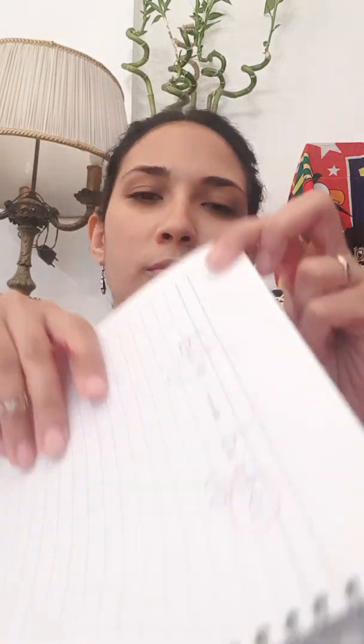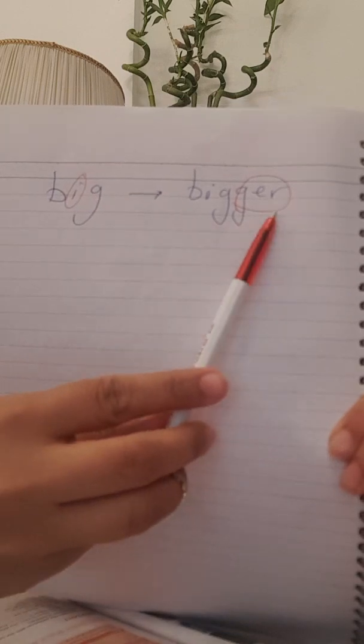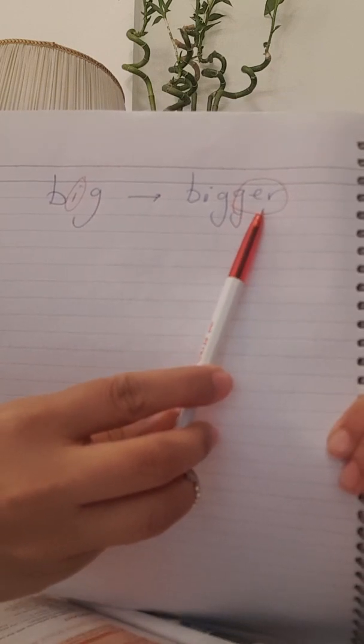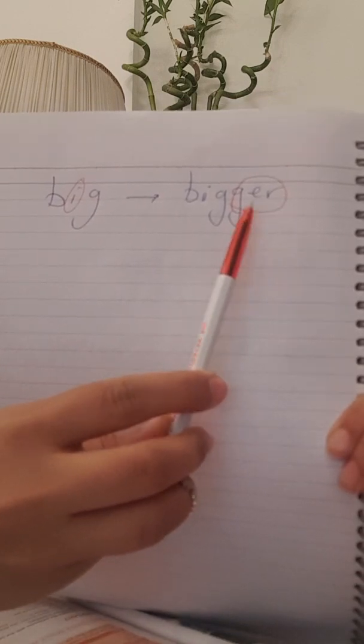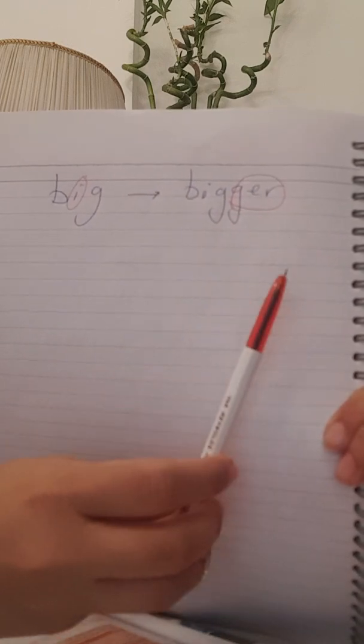If I want to make it a comparative adjective, I need to write it as it is and then double the consonant and then add ER. Because you have a vowel already, and then you will have another vowel with the ER that you added, the E. So you need to double the consonant between the I and the E.